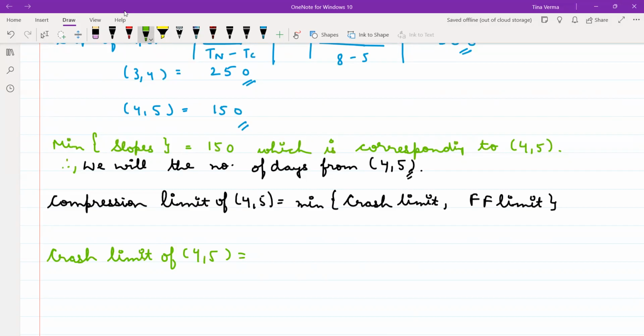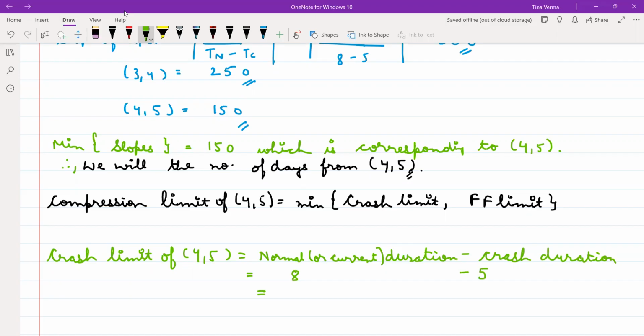क्या है फॉर्मूला? नॉर्मल ड्यूरेशन माइनस योर क्रैश ड्यूरेशन। कितनी है नॉर्मल ड्यूरेशन? कितने दिनों में खत्म कर रहे हो 4 to 5 एक्टिविटी? 8 डेज में। क्रैश कितनी है? 5.